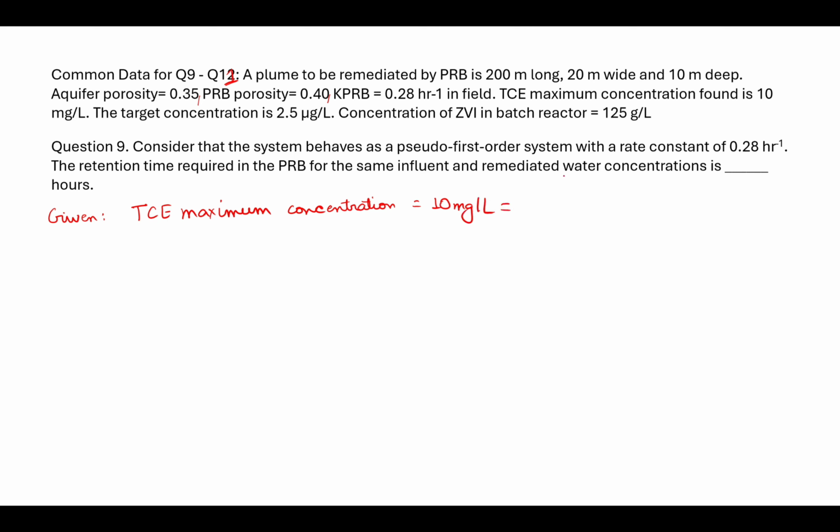So we will convert it into microgram. It will be 10,000 microgram per liter. And the target concentration is 2.5 microgram per liter.